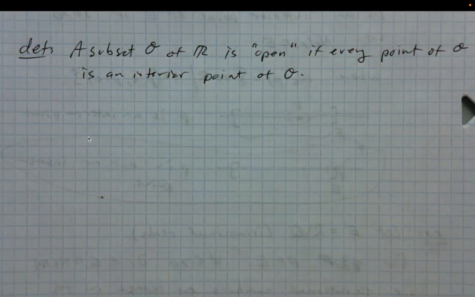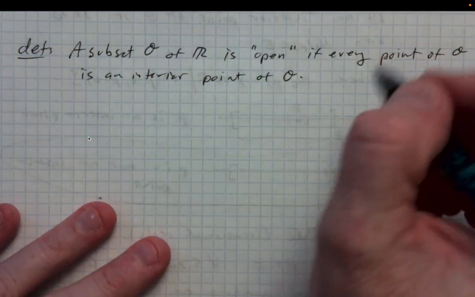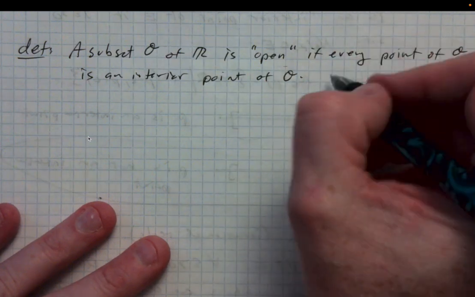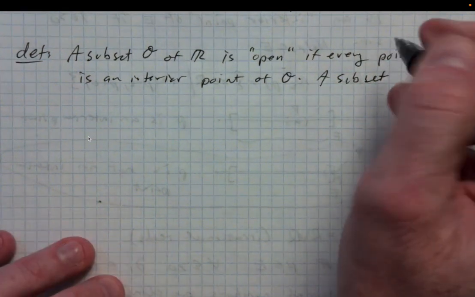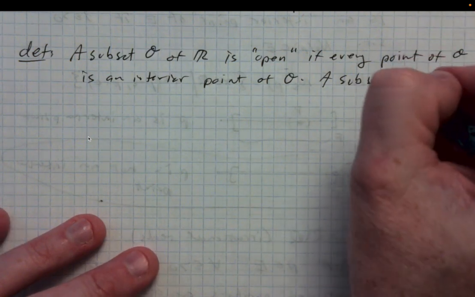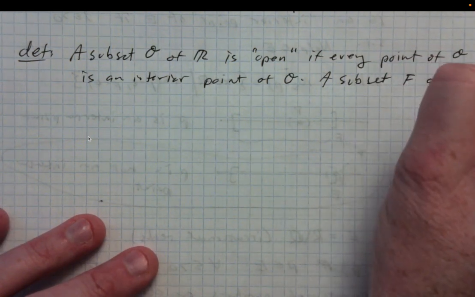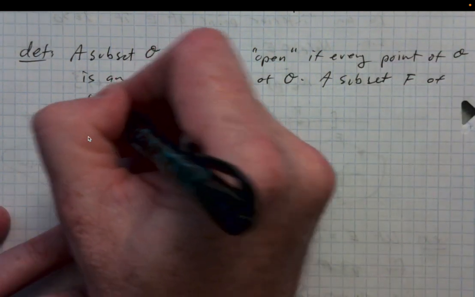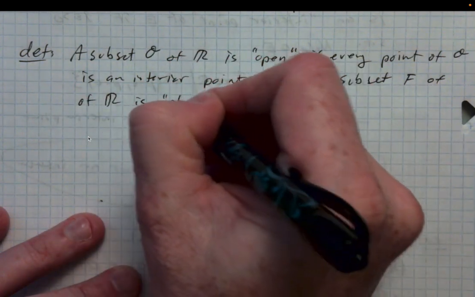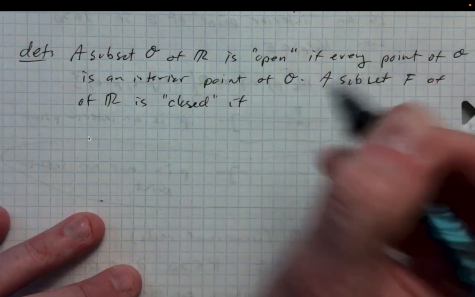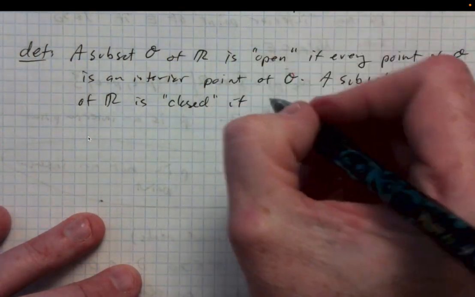So that's how we characterize an open set. And we'll say that a subset, which we'll denote with an F, a subset F of R is closed if its complement is open.